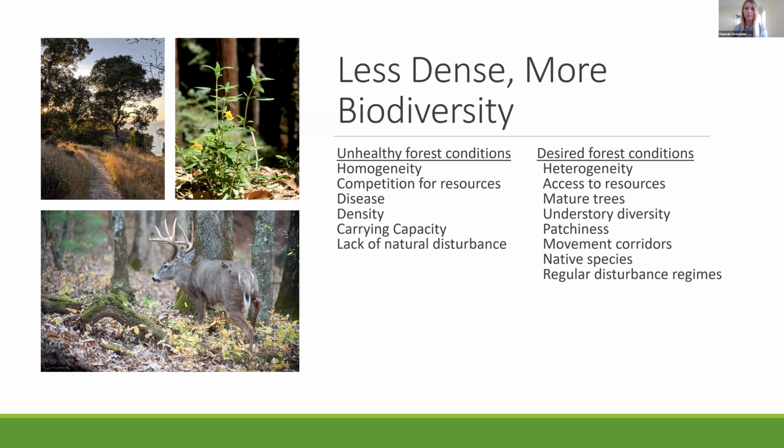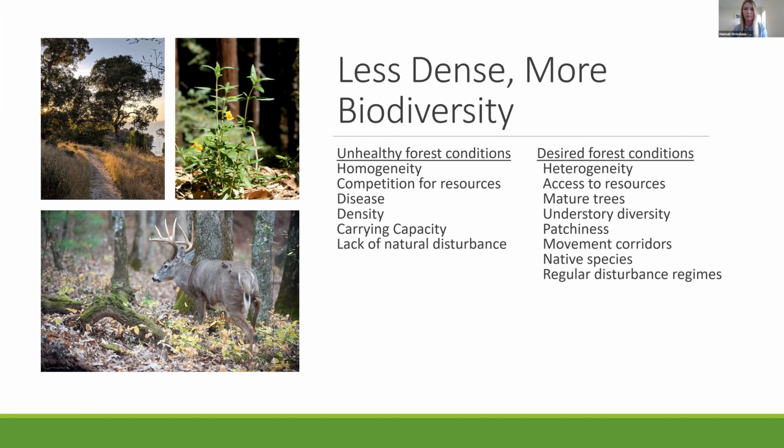But with human intervention or pressures on open space due to surrounding urban areas, this can reduce or eliminate this type of natural disturbance. And so what we see are very dense forest stands with an overgrowth of trees and shrubs and lots of competition for resources like soil nutrients or water or light.